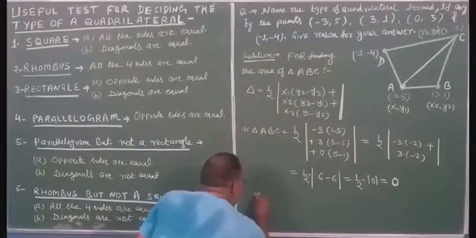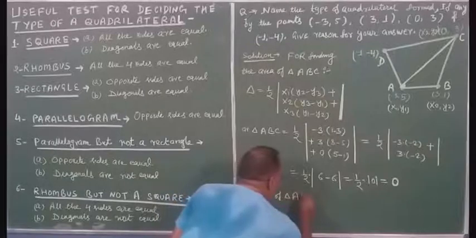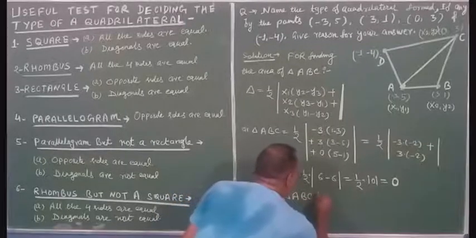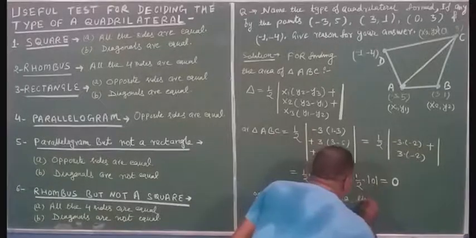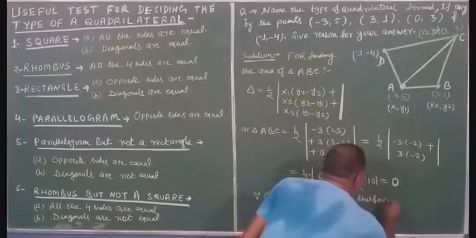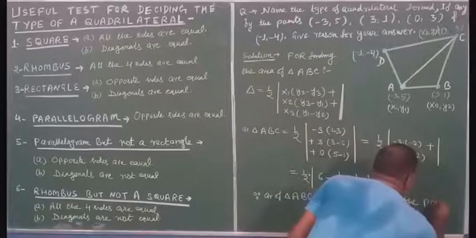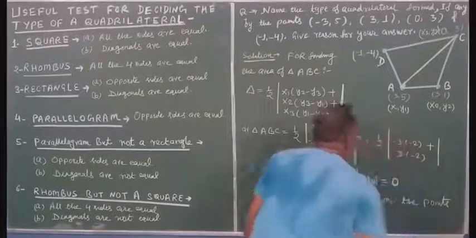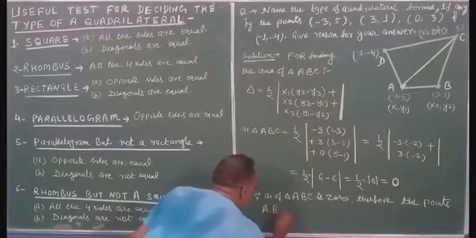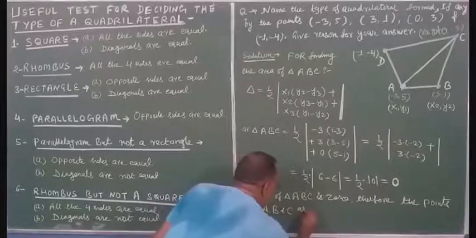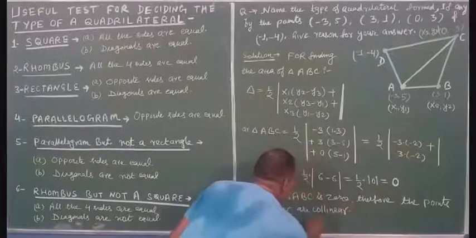Since the area of triangle ABC is 0, therefore the points A, B and C are collinear.